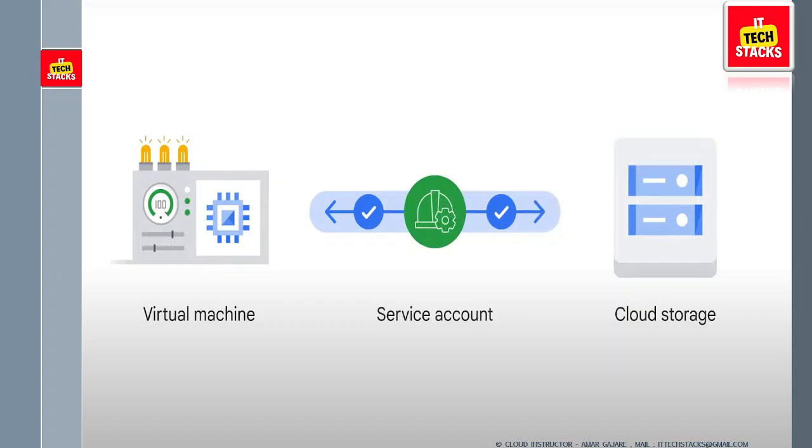Instead of giving access roles to specific individuals, we can give access roles to the service itself. I want to give roles to a virtual machine, and how can I apply any specific roles to a virtual machine? First, I have to create a service account.